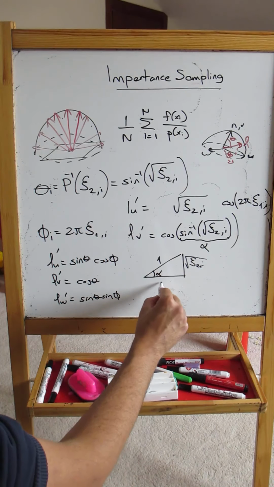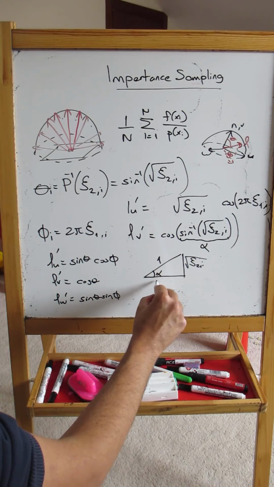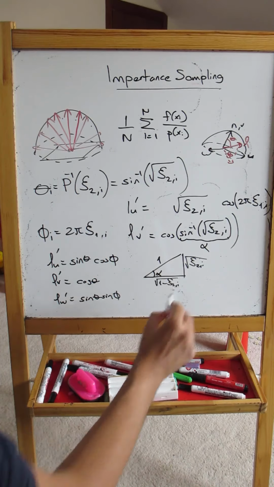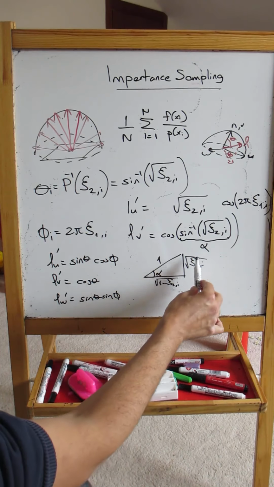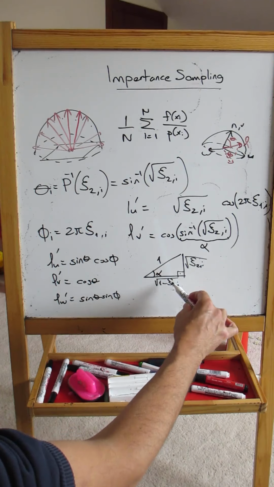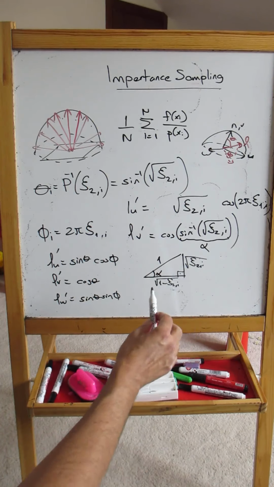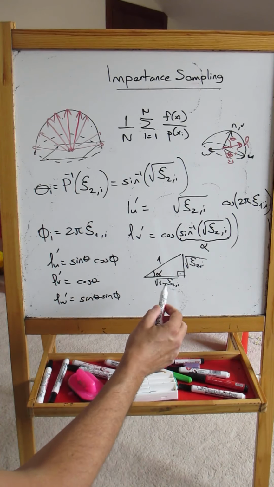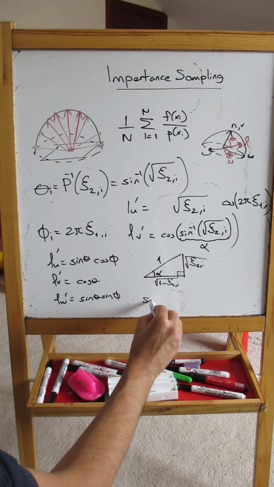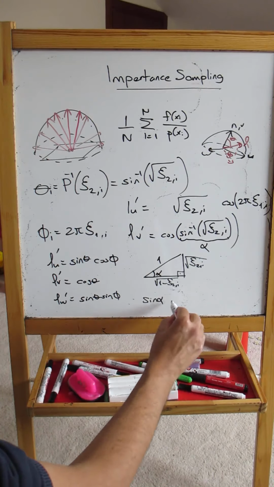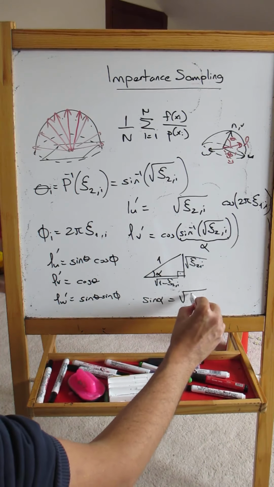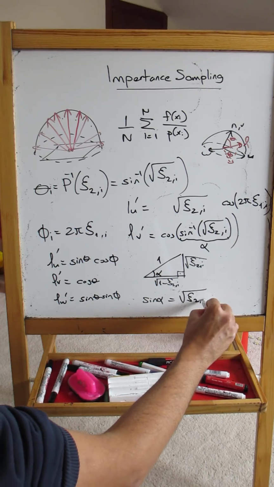And what is this going to be? It's going to be the square root of 1 minus chi 2i. Okay, so this is a right triangle, so the square of this plus the square of this is going to give us 1. So here we can see that sin alpha is equal to the square root of chi 2i.